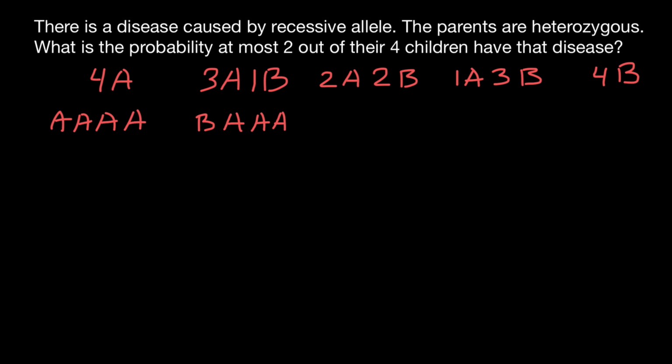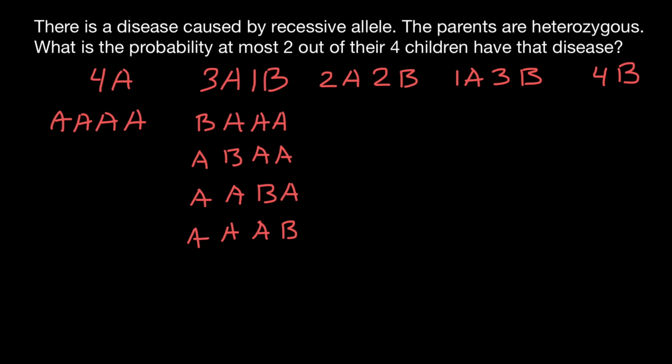But another variant is also possible: the first child healthy, then unhealthy, and 2 healthy in a row. Another variant would be that the first 2 children are healthy, then an unhealthy child, and healthy. And the last variant would be when 3 children are healthy in a row and the last one unhealthy.